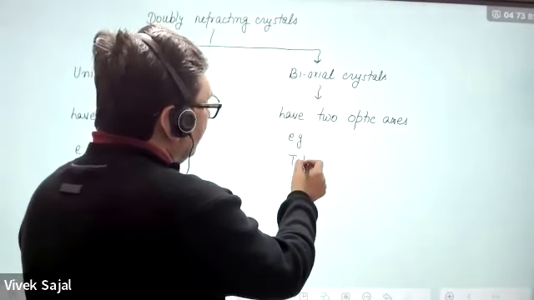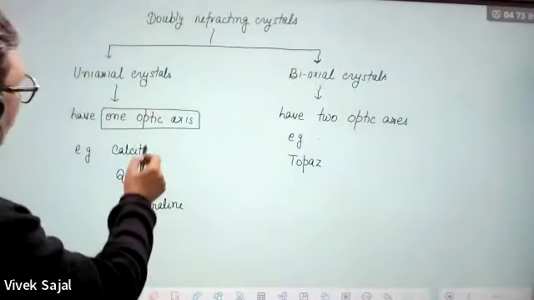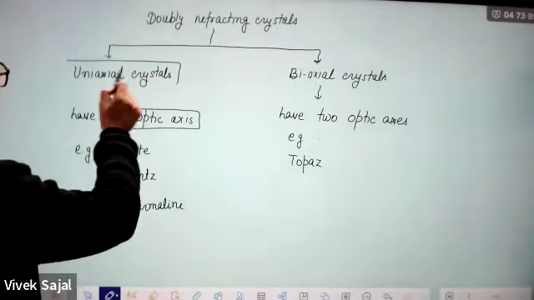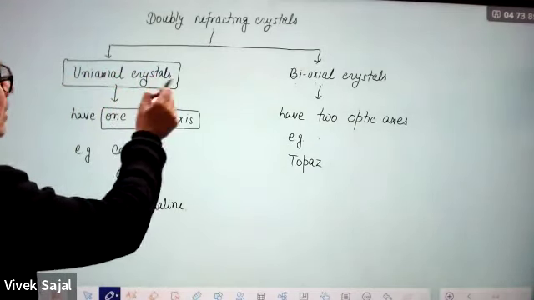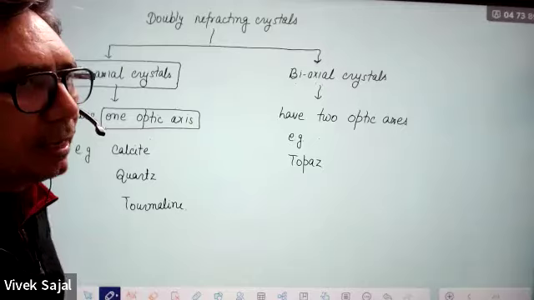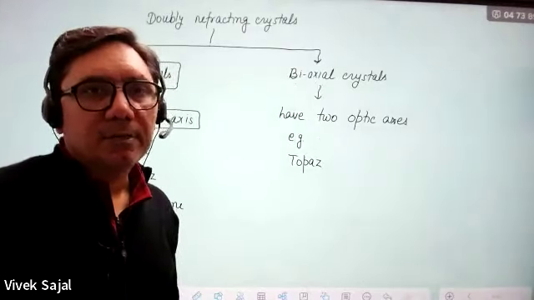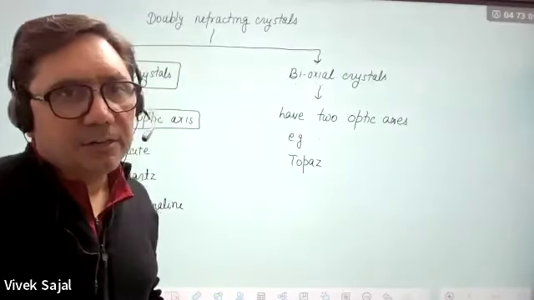According to your syllabus, we will confine ourselves to the uniaxial crystals. In these classes, I am going to discuss only uniaxial crystals. If you have another course in the future on nonlinear optics, then you are going to study biaxial crystals also.